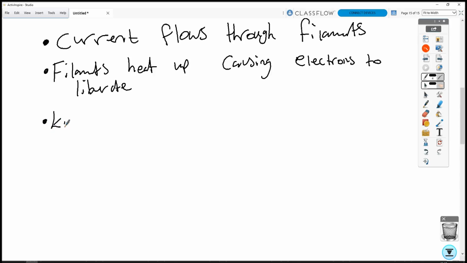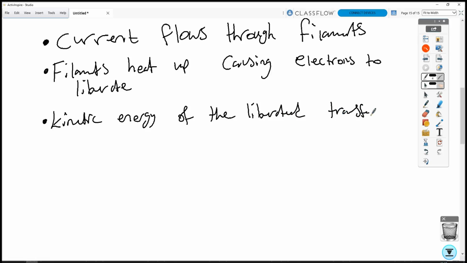Then the kinetic energy of the liberated electrons transfers to electrons in mercury vapor.